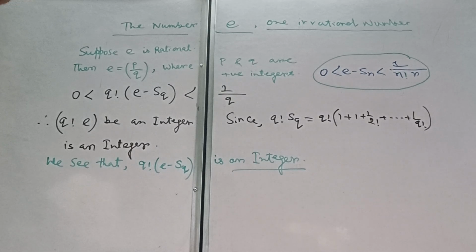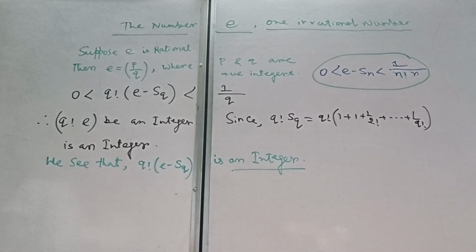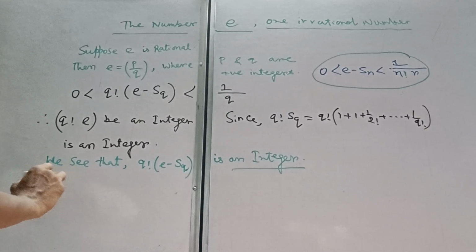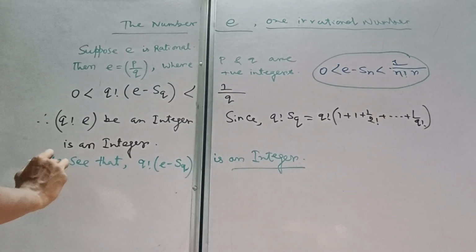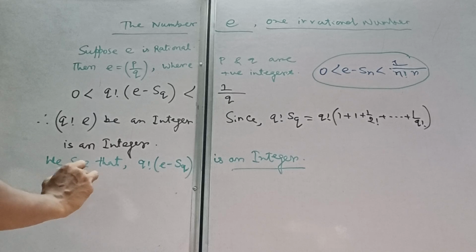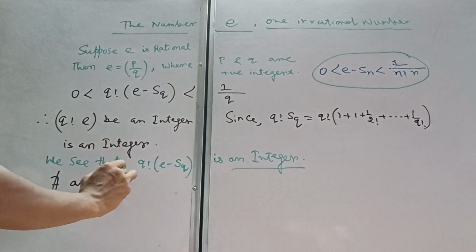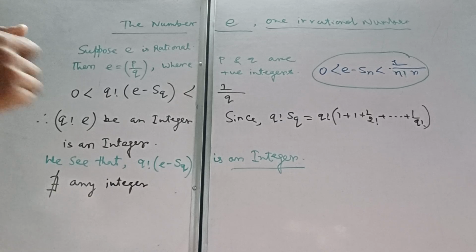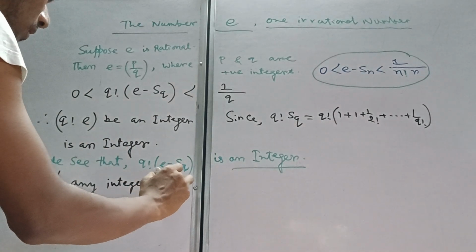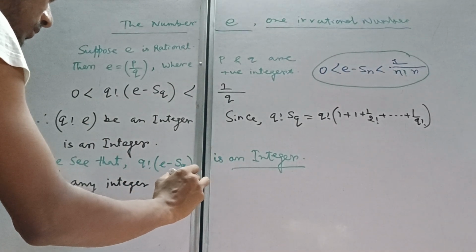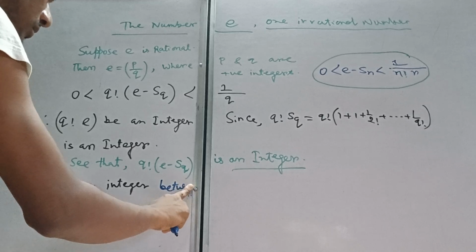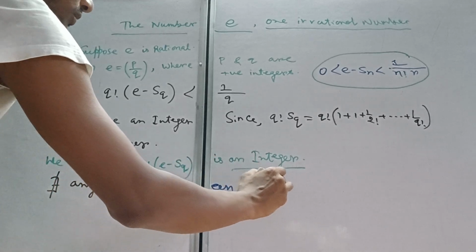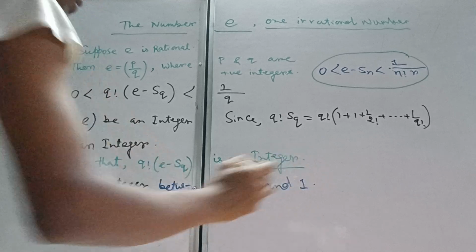Otherwise, if we put q equal to 1, there does not exist any integer between 0 and 1.